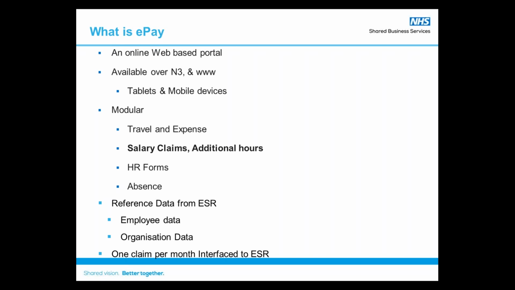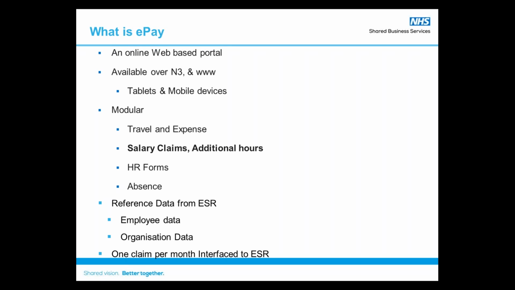There is information that comes over from the ESR system that you're all paid through, and when you get your payslip, that is generated by the ESR system, and ePay and ESR talk to each other via an interface. So your data about you, such as your name and date of birth, and your organisation information such as your job, who your manager is, perhaps what your work email address is to send you emails about your claims.